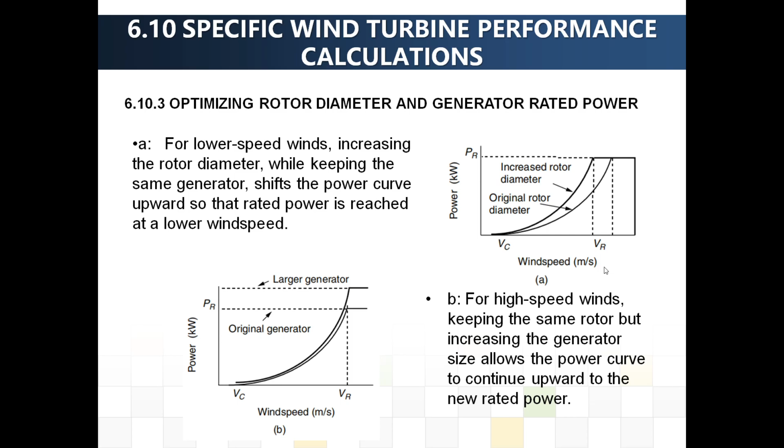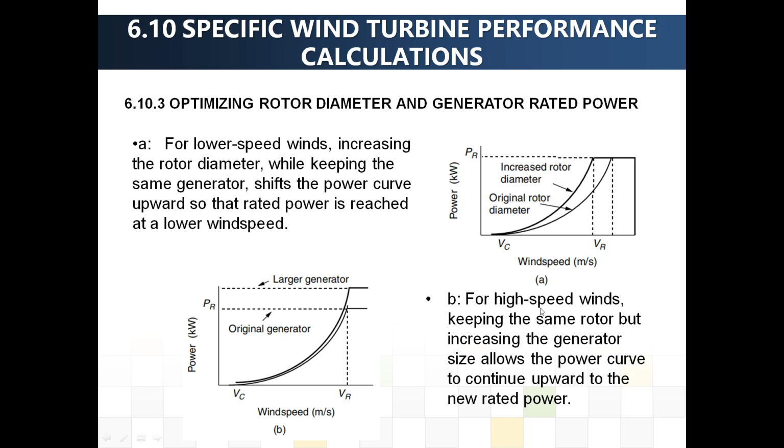Section 6.10.3 Optimizing rotor diameter and generator rated power. For lower speed wind, increasing rotor diameter while keeping the same generator shifts the power curve upward so that rated power is reached at a lower wind speed.